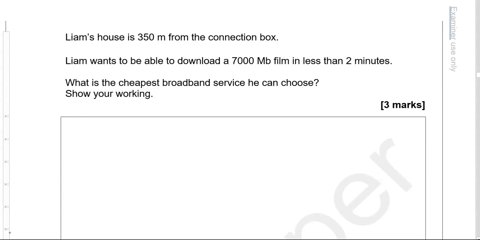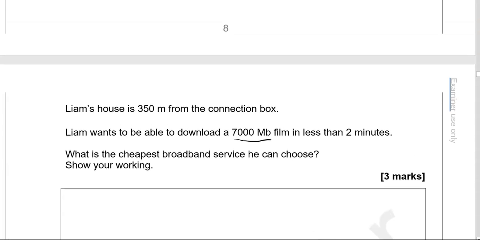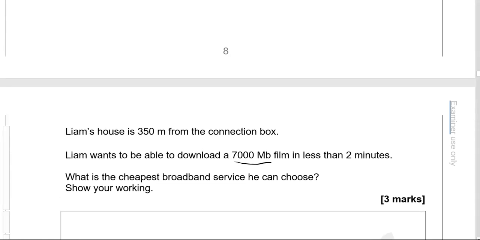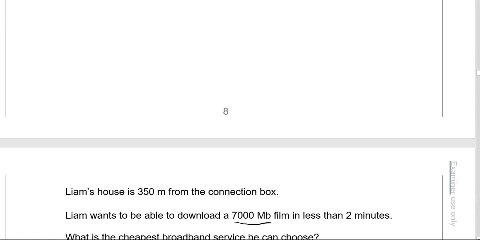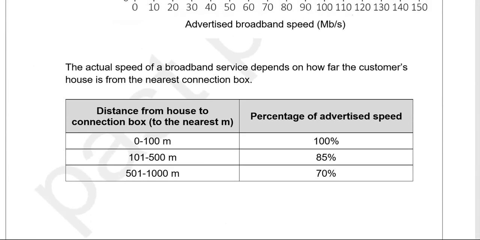Liam wants to be able to download a 7,000 megabit film in less than 2 minutes. What's the cheapest broadband service he can choose? So 7,000 megabits in less than 2 minutes. So that is 3,500 megabits in less than 1 minute. And the house is 350 meters away from it.